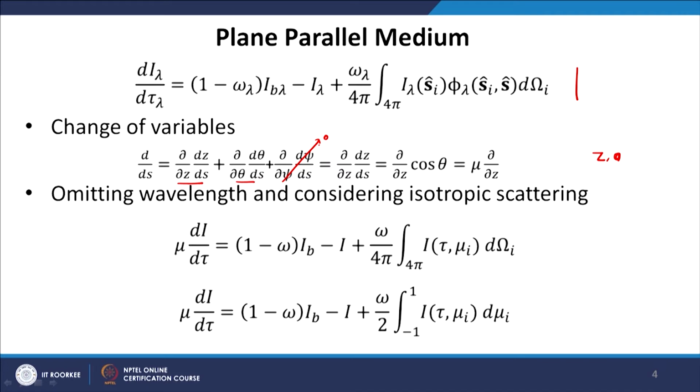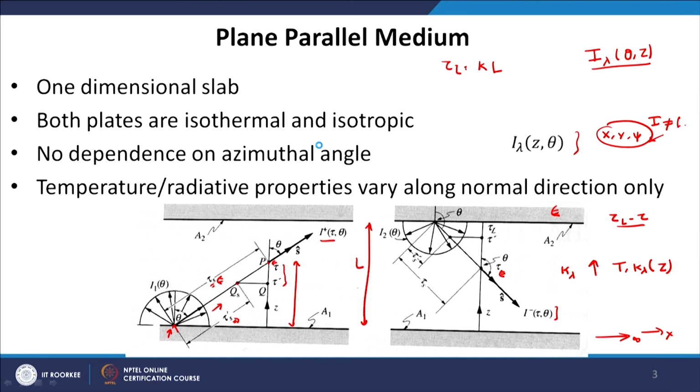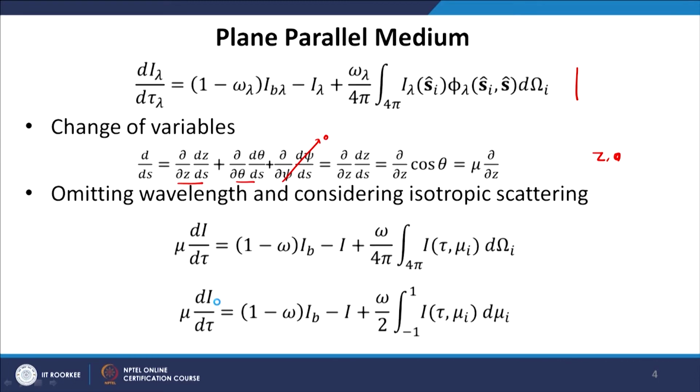Now, d theta by ds is basically the variation of theta in the s direction, and if you look at it, along this direction theta is not going to change. So, theta is constant, and d theta by ds is also equal to 0. Okay. So, we are left with del by del z times dz by ds. Now, dz by ds is nothing but cos theta.